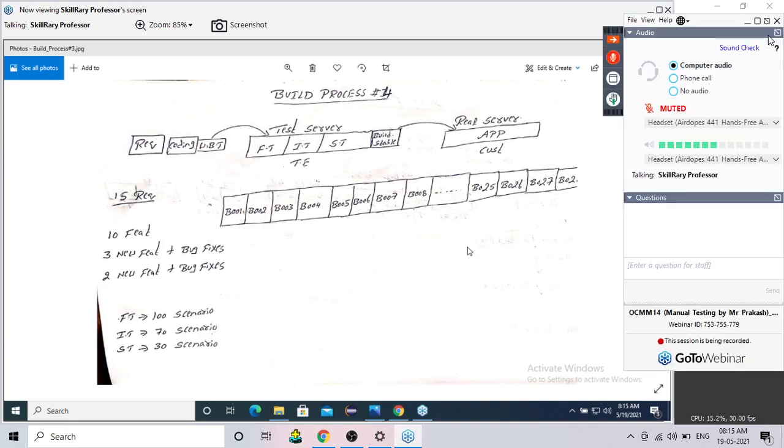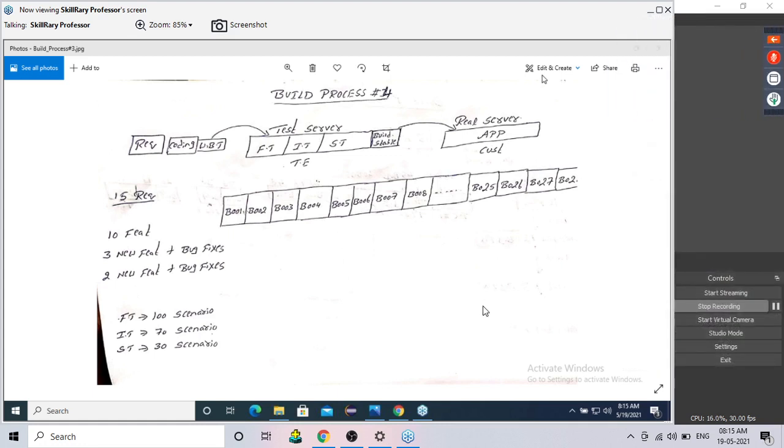One point I want to add: any project you take, any company you take, generally we do functional testing, we do integration testing, and also we do one round of system testing. Remember this point. So the general trend is functional followed by integration and again followed by system testing.